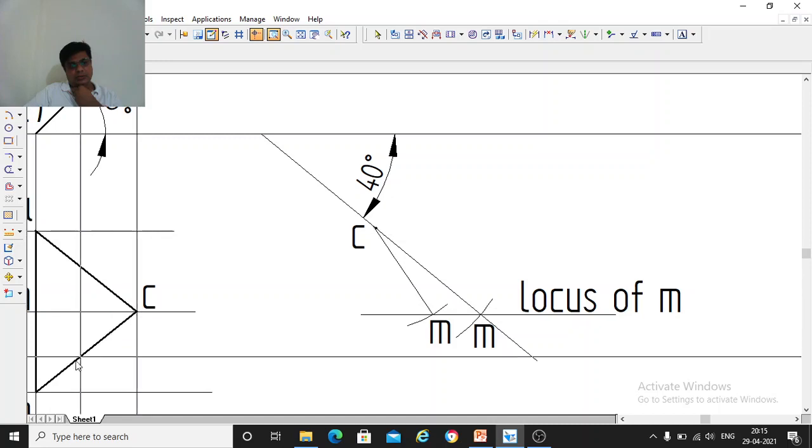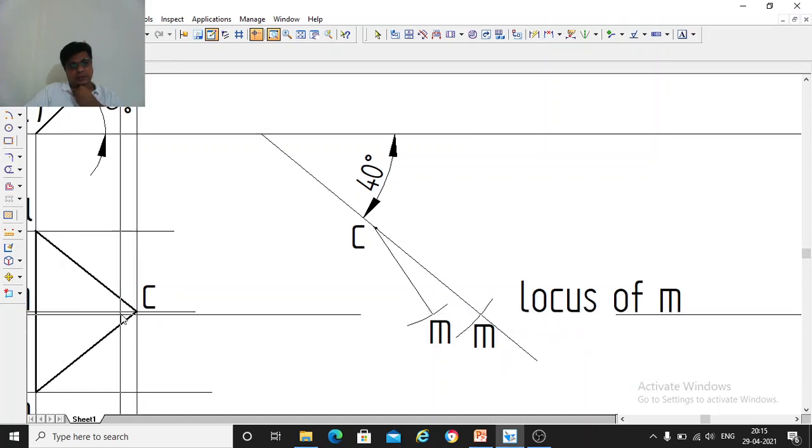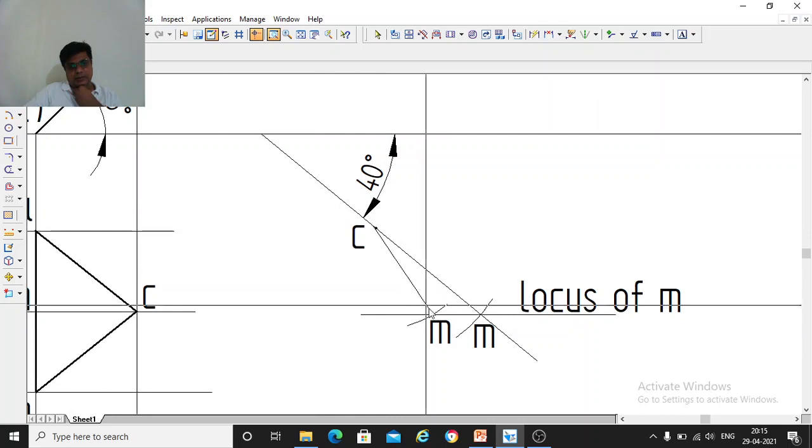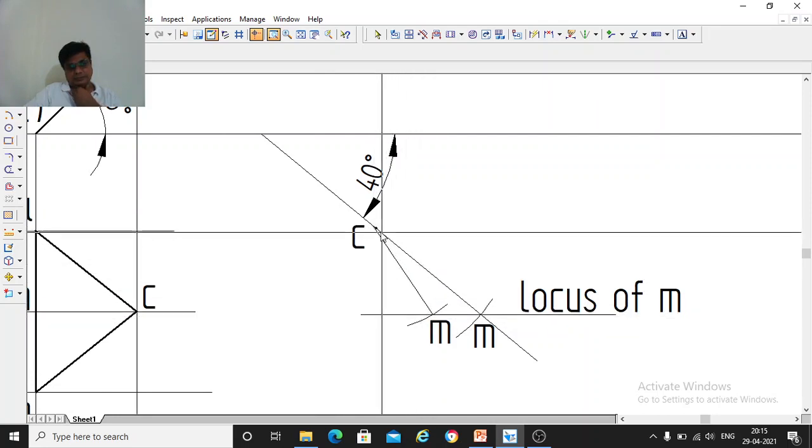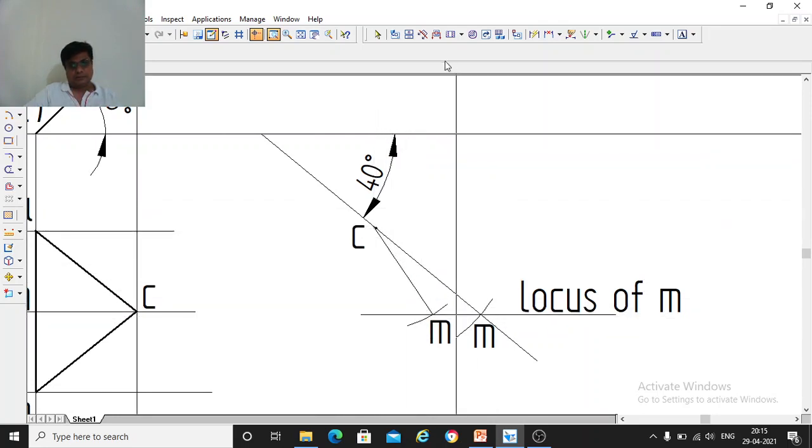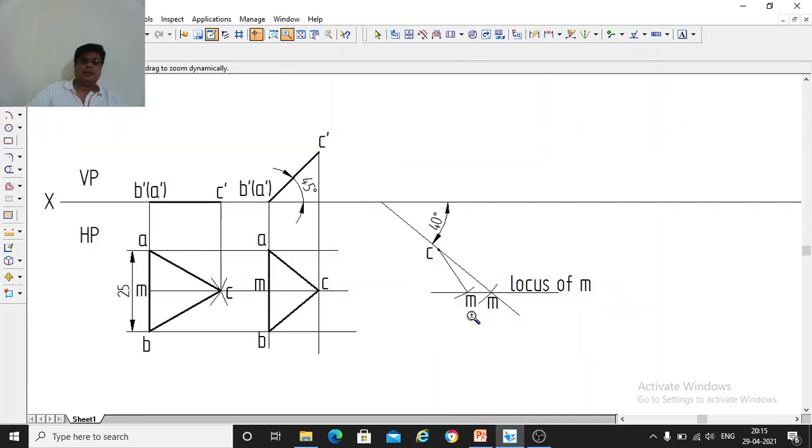You should redraw this triangle so that this CM is now at this angle. This is the true length CM, and this is the apparent length CM. So this triangle you now have to reconstruct with A, B, C and M.